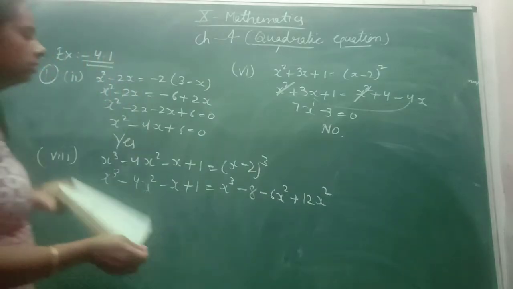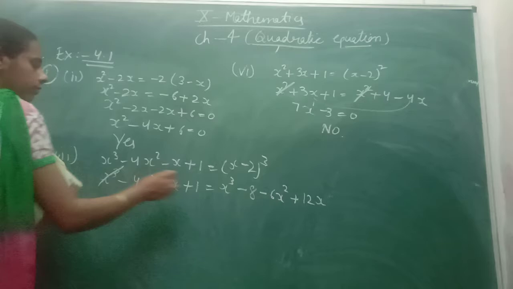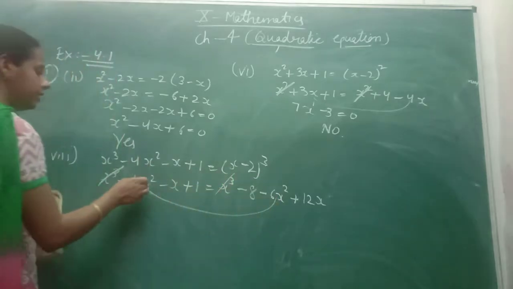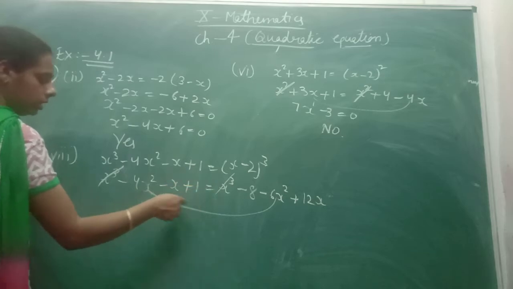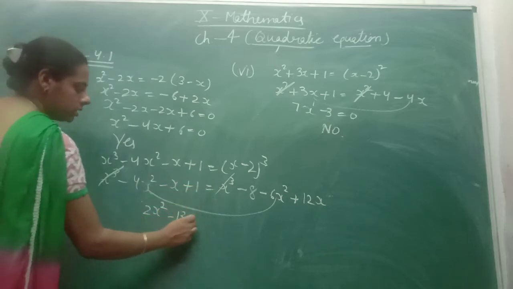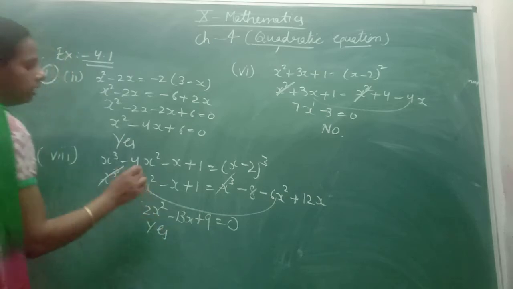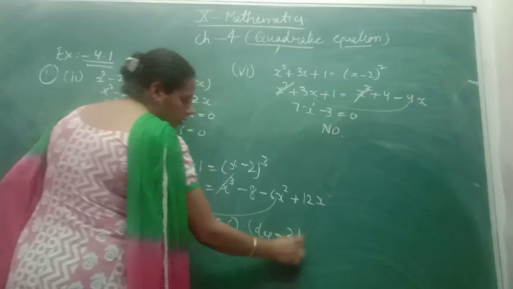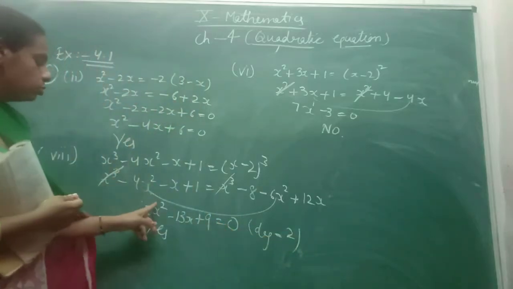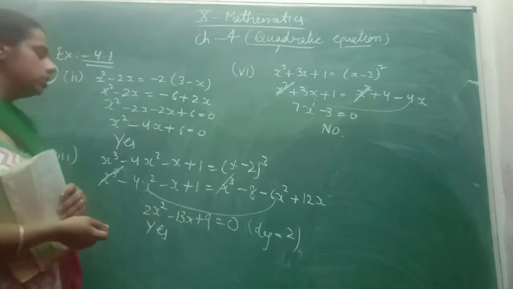Okay, sorry, 12x. On taking everything on one side, you will have highest power 2x square. Okay, and then there is a 13x plus 9 equal to 0. As you can see that this is a quadratic equation because its degree is 2. Highest power is 2, so it is a quadratic equation. The equal symbol is also there, so it is a quadratic.